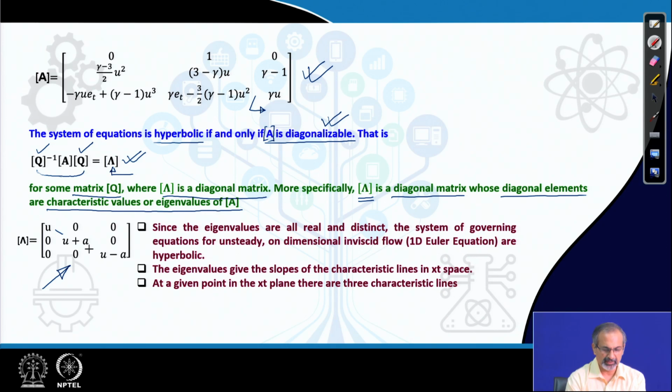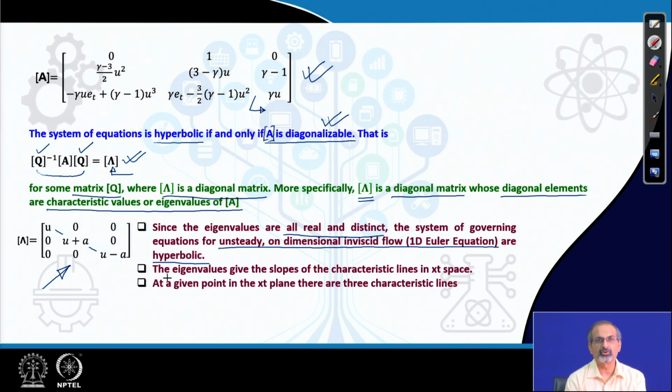There are only diagonal entries, the non-diagonal elements are 0, and you find that they are all real and distinct. When they are so, you can say that the governing equations are hyperbolic in nature. So, the unsteady one dimensional inviscid flow equations that we are handling are hyperbolic in nature, which is seen from the nature of the capital lambda matrix.